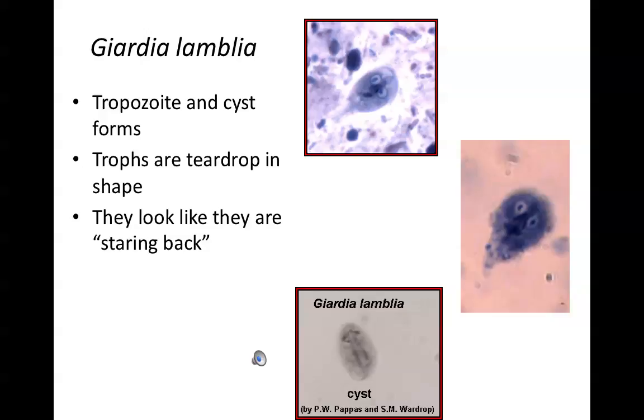That very distinctive teardrop shape is hard to miss when you're looking through a stool sample that's been properly prepared, and you can find those tiny single-celled organisms in the different fields of images when you're looking through the microscope.